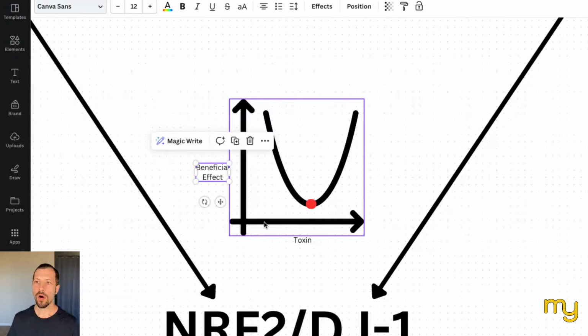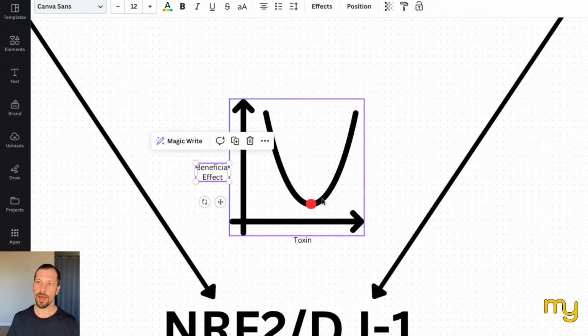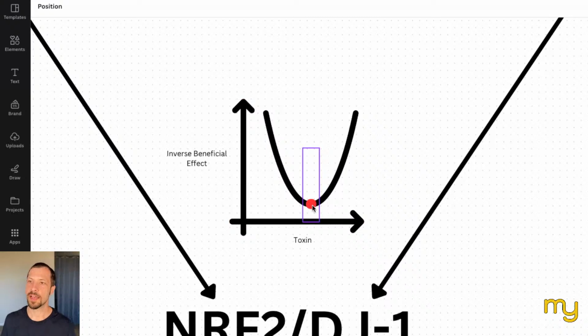Now, the more of a toxin is required, but only up to a certain point, because once you go more of adding a toxin in, the beneficial effect goes down. So this is an inverse beneficial effect. That way it's a little bit easy to understand.